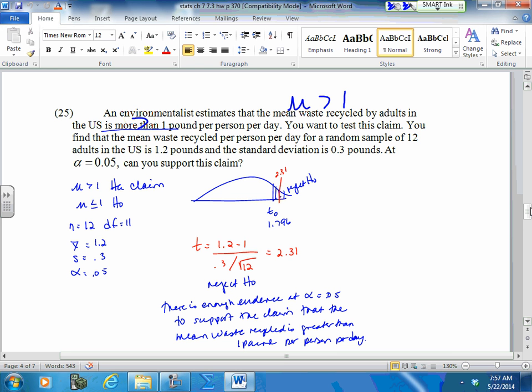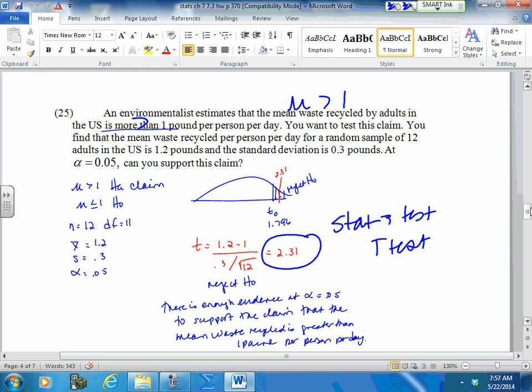Your sample size was 12, so you're going to do degrees of freedom 11. Everybody can find that cutoff. Since it's on the right-hand side, it's positive. Do your test statistic. Now, you can absolutely use your calculator. Stat, test, and go to t-test. This will give you this information right there.